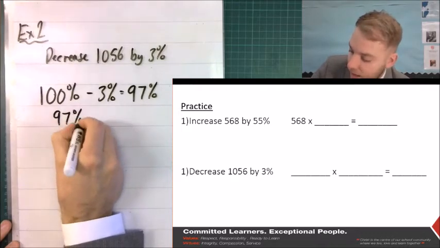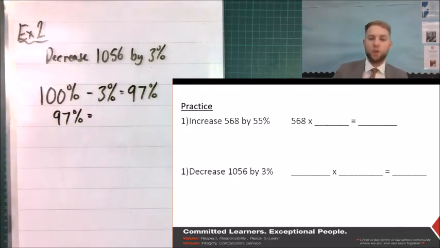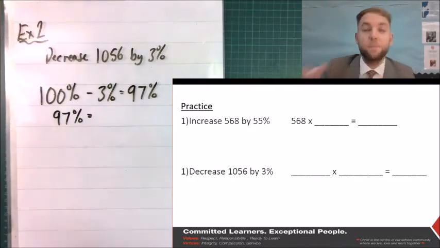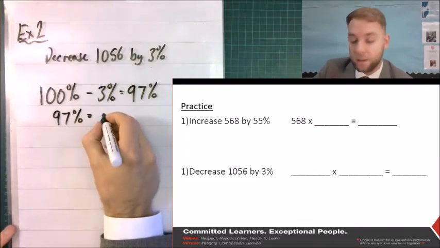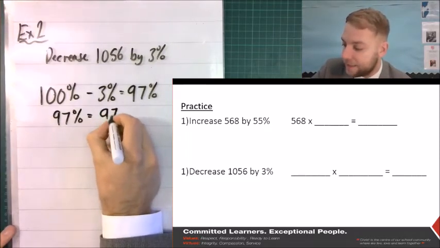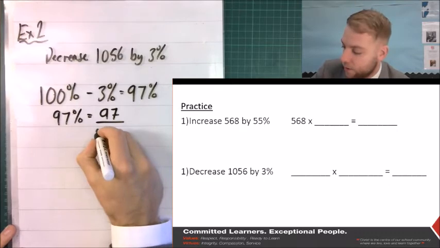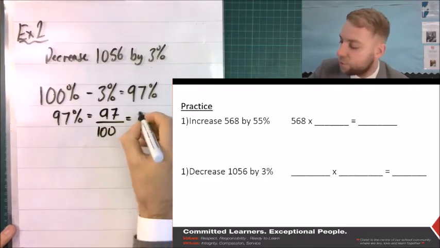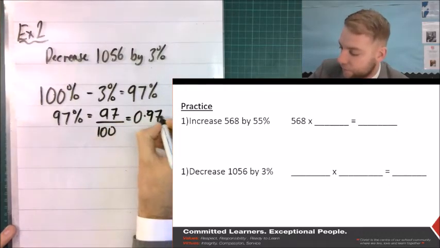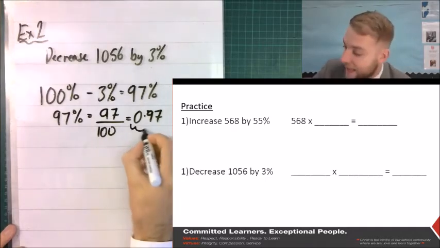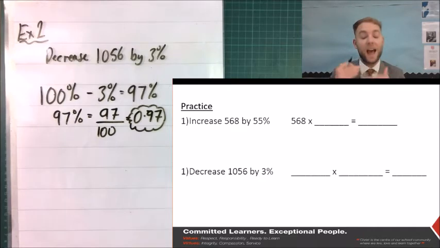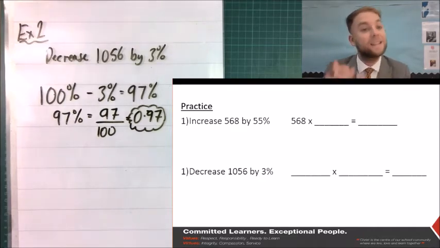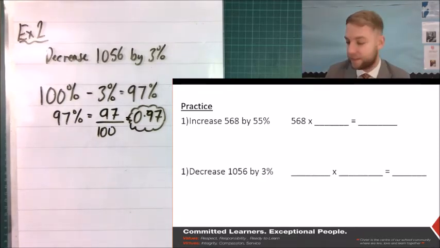97% as a multiplier. Now, if you're not sure how to work this out, as a multiplier, this percentage sign means divide by 100. So if you wanted to work it out on your calculator, your multiplier would be 97 divided by 100, which is equal to 0.97. So this here is our multiplier. If I times by 0.97, it's the same as decreasing by 3%.